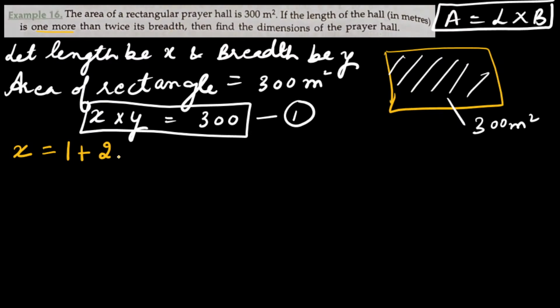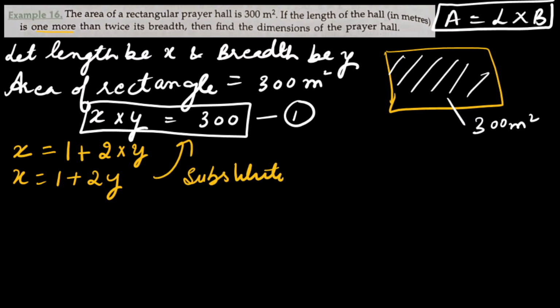Twice means 2 times, 2 into b, and b here is y. So I've got the value of x: x is equal to 1 plus 2y. Now this value of x we will substitute in the first equation, because a quadratic equation will always be in one variable.